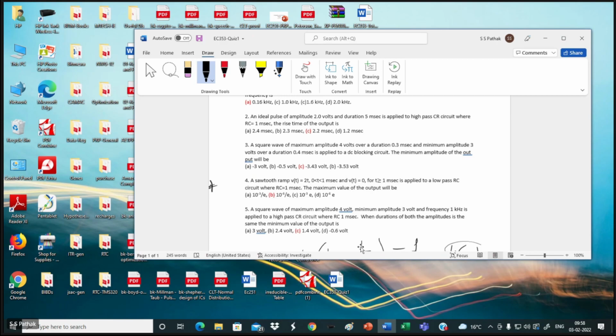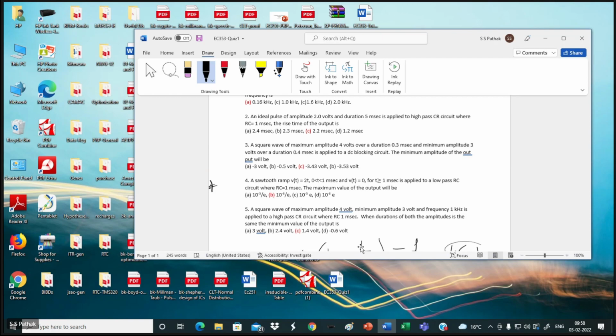If the diode reverse bias is infinity, forward bias is 0, what is going to happen? If the diode reverse bias is RR and forward bias is RF, what is going to be the impact on that?